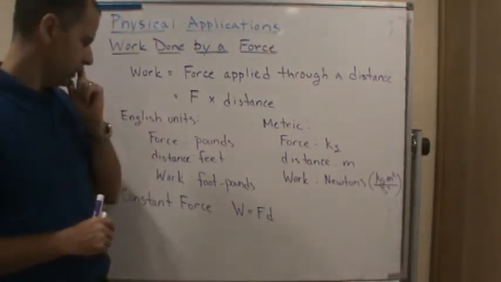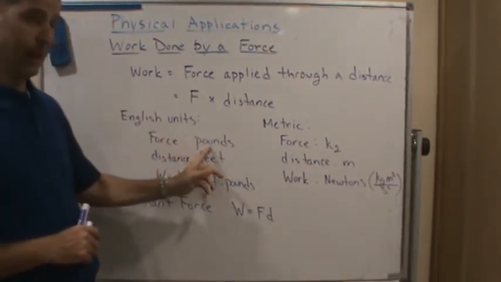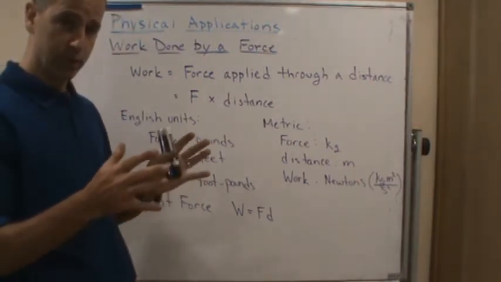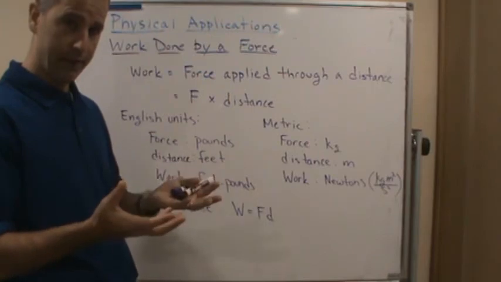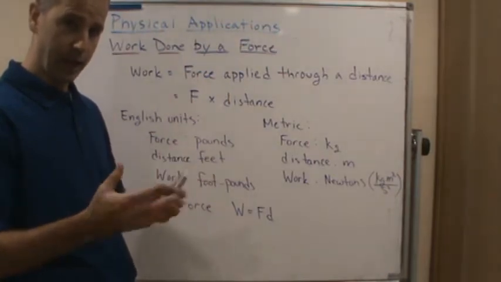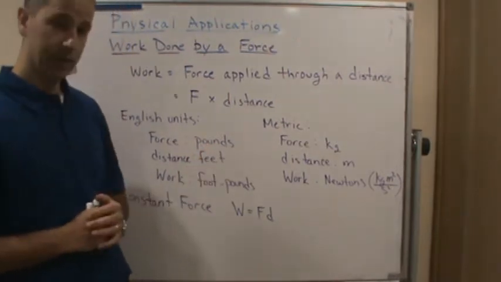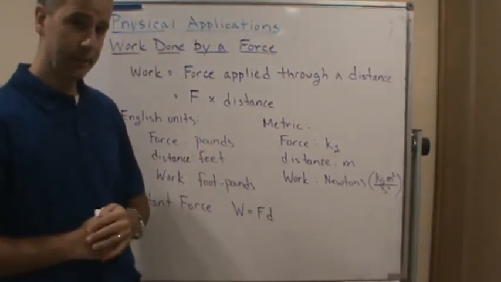Now, the English unit for force is the pound, okay? Pounds are actually used to measure the force of gravity on an object. A pound is not the same thing as mass.